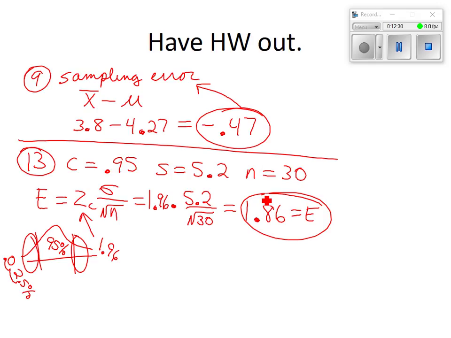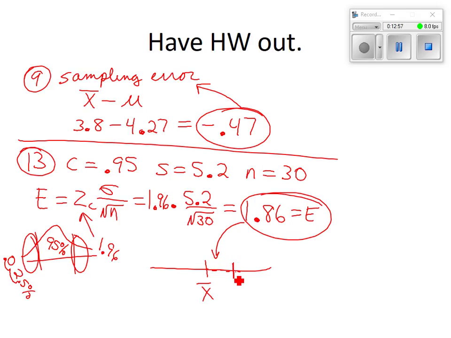Why the margin of error is important is because we're going to make a confidence interval later on. We're going to say this is our point estimate, our X bar. How far up from the X bar are we going to go? 1.86.